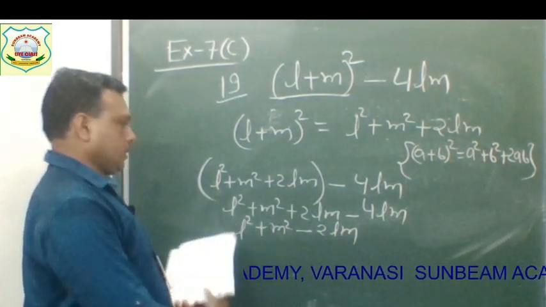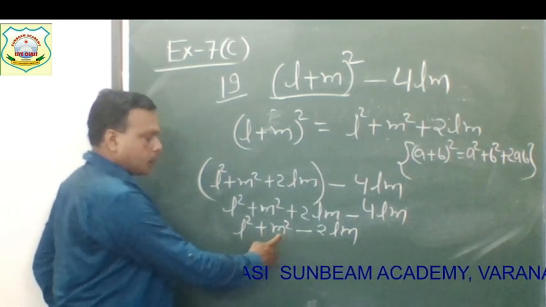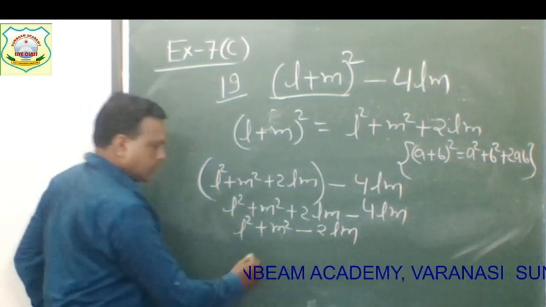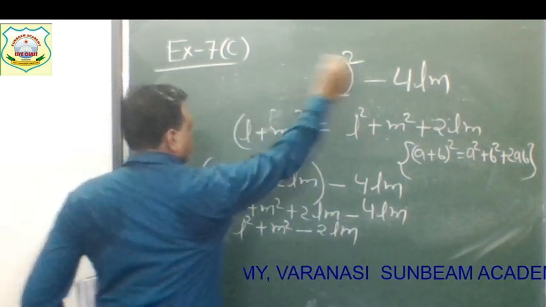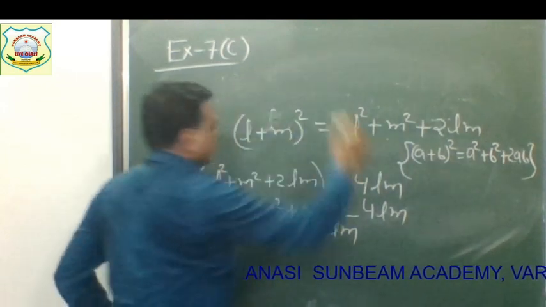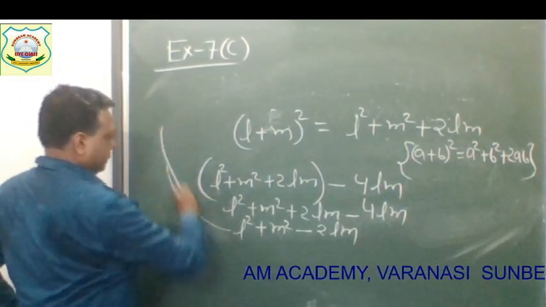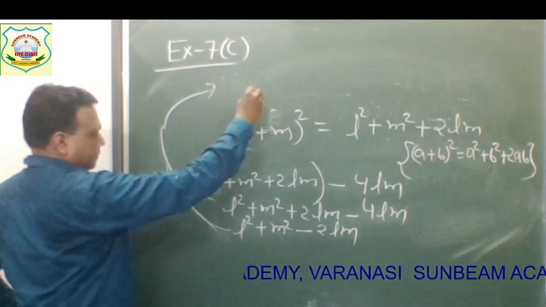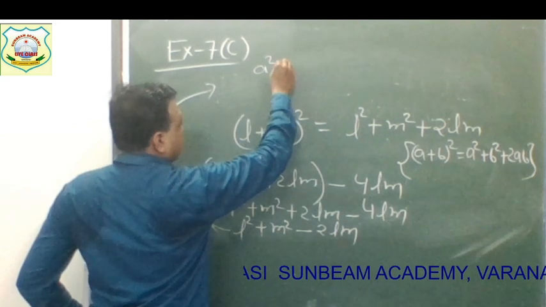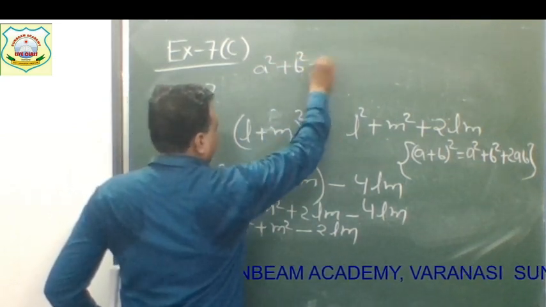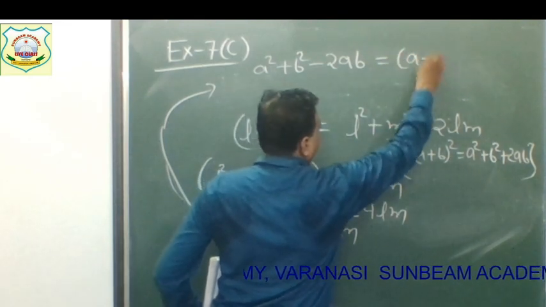Now students, you know this is like the identity a square plus b square minus 2ab, which is a minus b whole square.